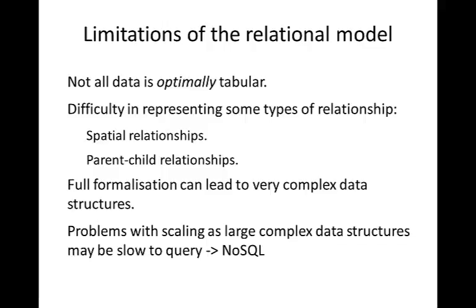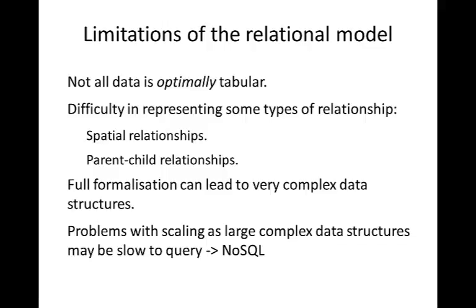Well, just before we finish this section, remember we looked at the other data models very briefly: hierarchical, network data models, some of the NoSQL models, the object model. So what are the limitations of the relational model? Because we have to make a choice between whether we want to take a relational model or use one of the others. Obviously one of the things is that not all data is optimally tabular, as was mentioned before.